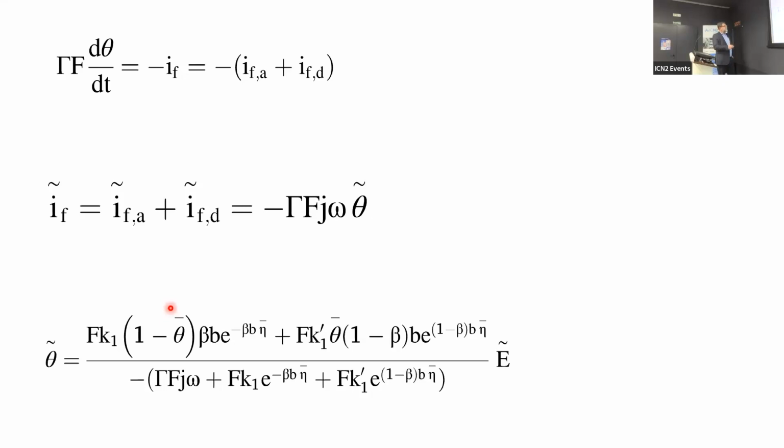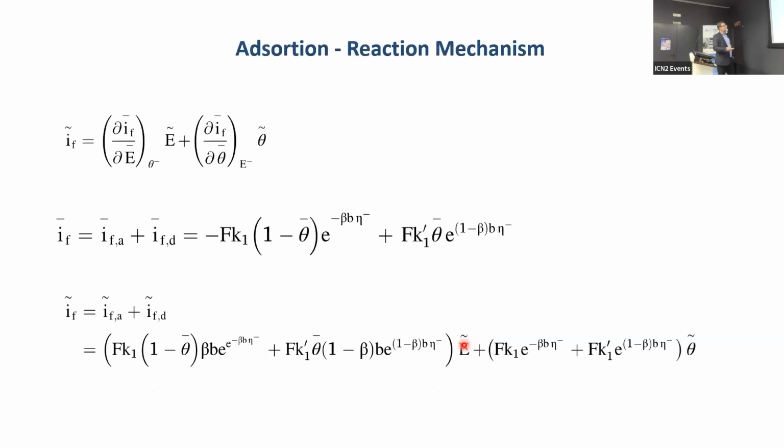And we have considered the surface coverage degree as a function of time and as a function of frequency. So we have obtained the relation between the oscillatory coverage degree and the oscillatory potential. This is very important because we can substitute that expression here.